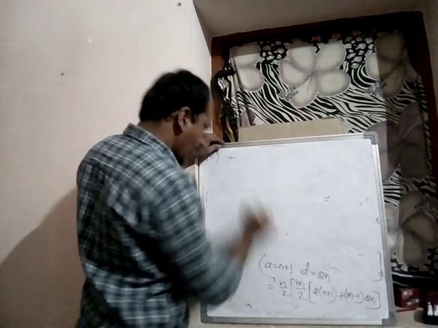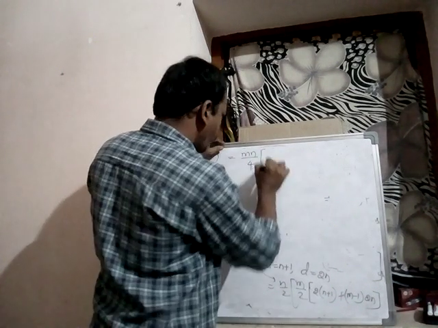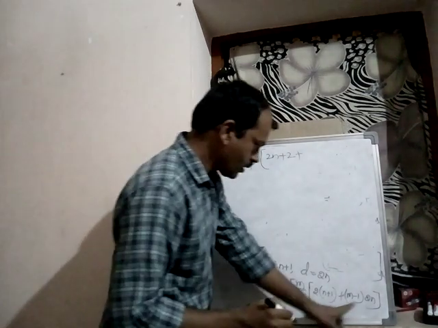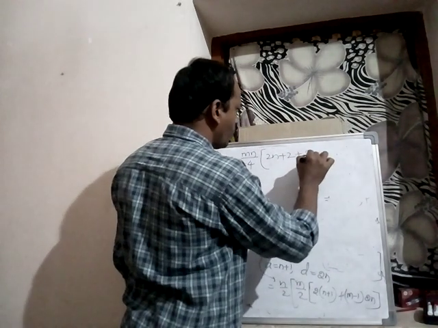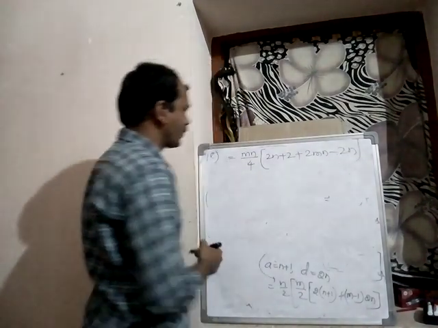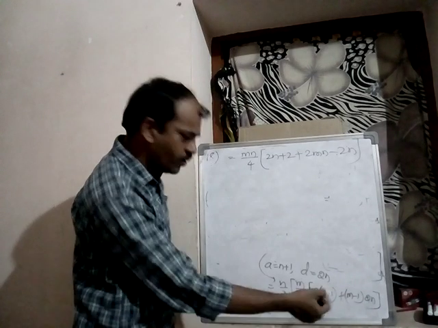So mn by 4, 2n plus 2 ones are 2, plus 2mn minus 2n. Here m into 2n is 2mn, minus 1 into 2n is 2n only.